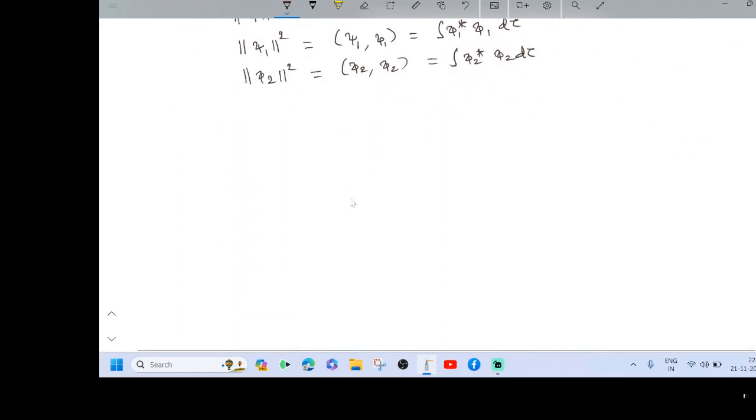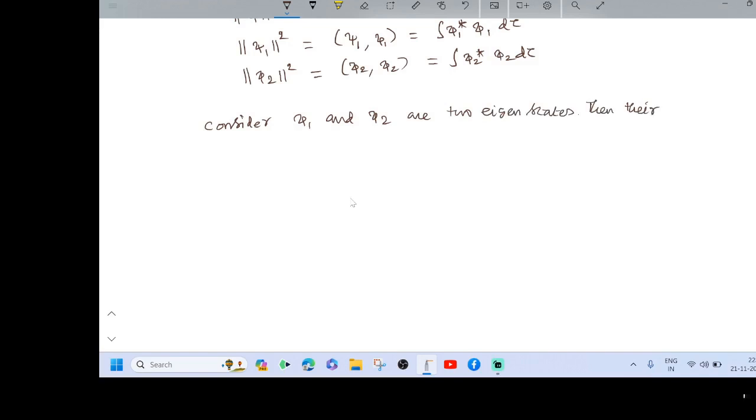For that, consider psi1 and psi2 are two eigenstates. Then their linear combination is also an eigenstate.